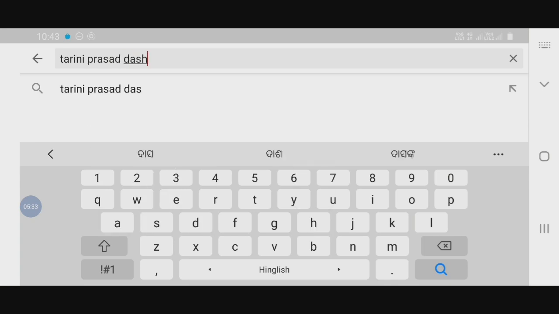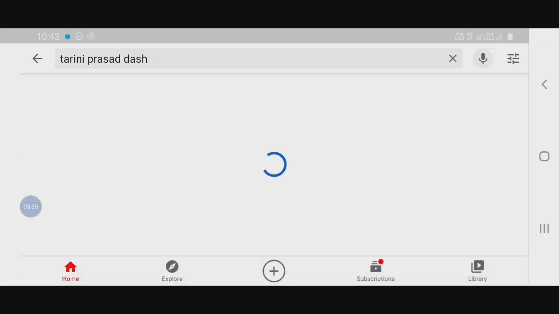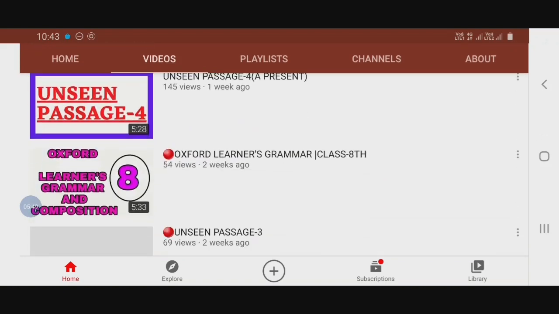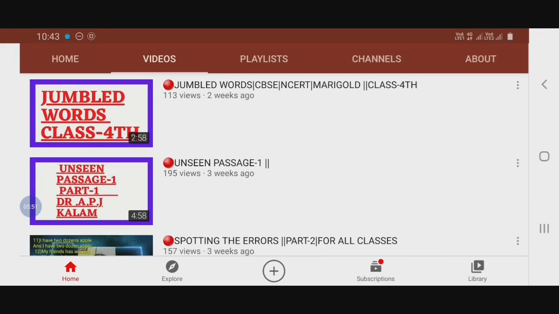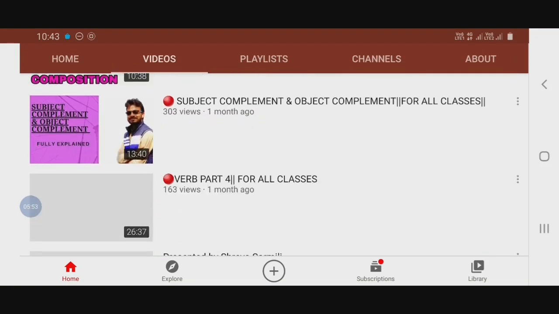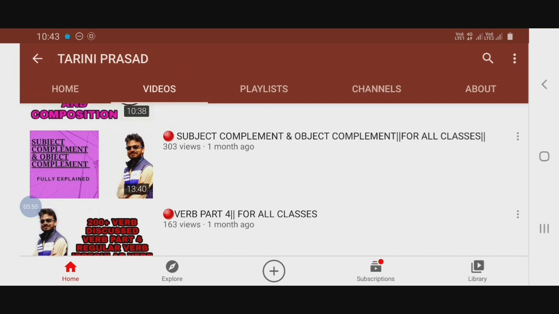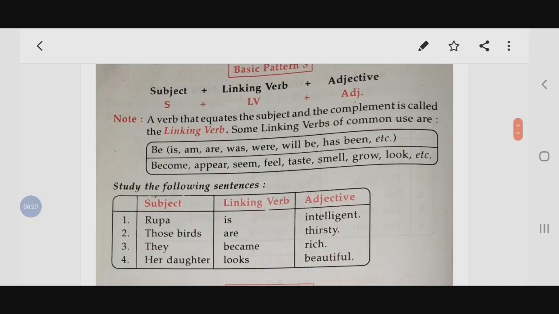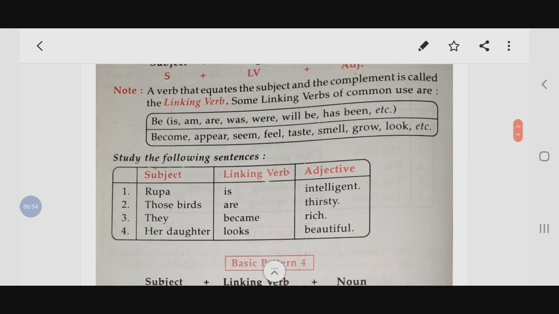Here you can find this video. This is the video. Okay. Subject complement and object complement. A verb that equates the subject and the complement is called the linking verb. Some linking verbs I have already mentioned in the previous video. You can also watch this.